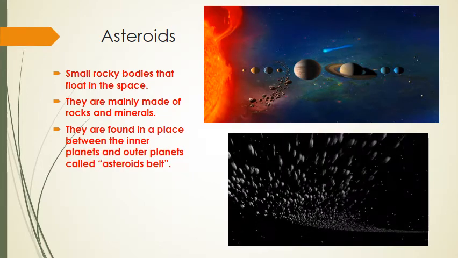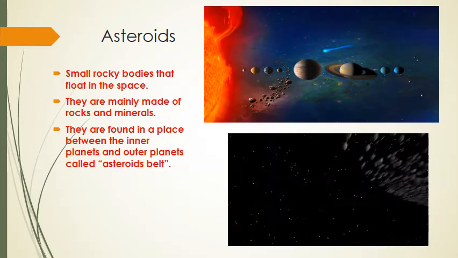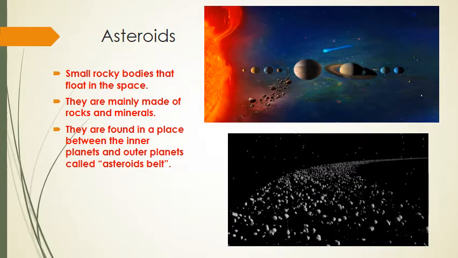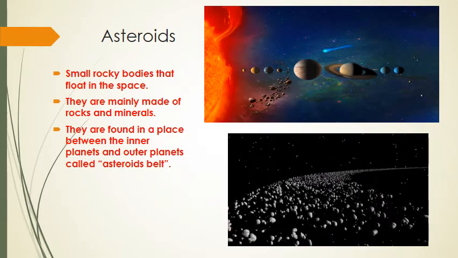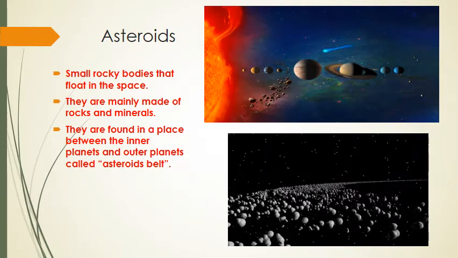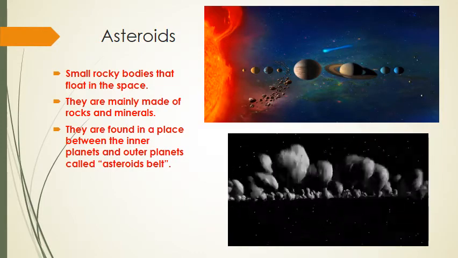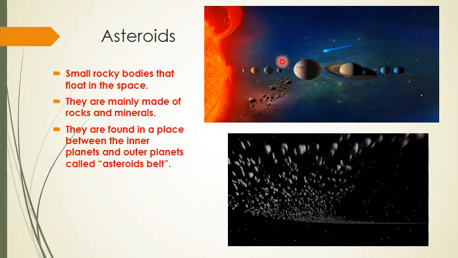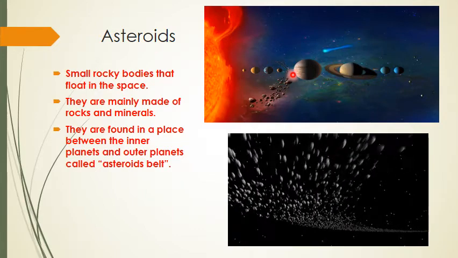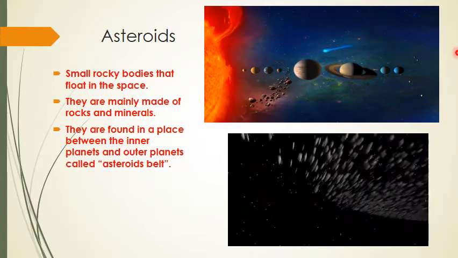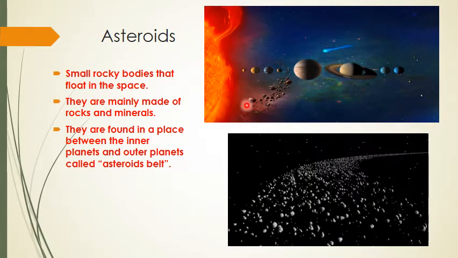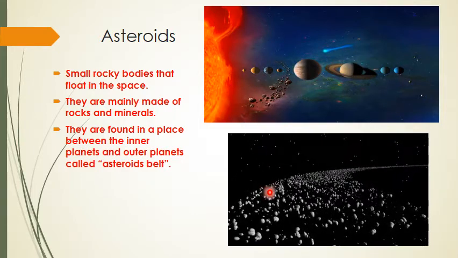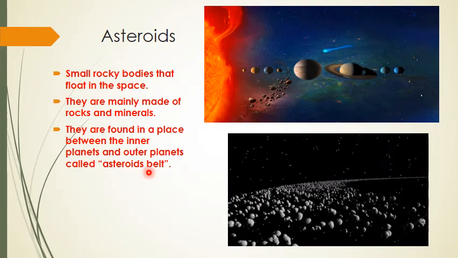They are way too small to be a planet, but they are actually made of the same material, which is rocks and minerals. They are not found roaming around in space haphazardly. No, they are found in a specific area between the inner planets and the outer bigger planets. This area where the asteroids are found is called the asteroid belt.